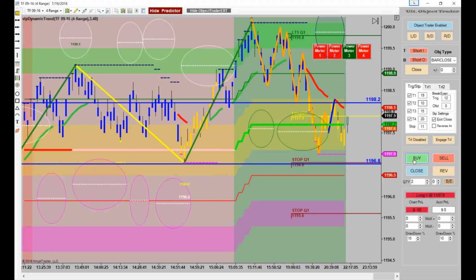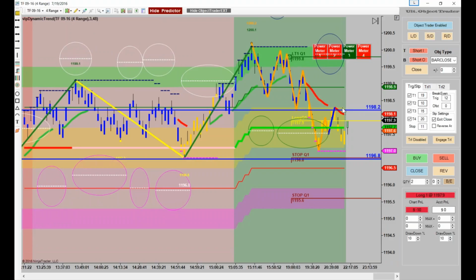We'll watch the power meter. Now, if it takes me out, I won't be getting in another one if this rolls over, so I'll just get taken out with an 11 tick loss. Now, as soon as it takes out this high right here, if it does, then I'll bring my stop just under here, because this would be my new lightning swing. So best to wait on power 2, not power 1.